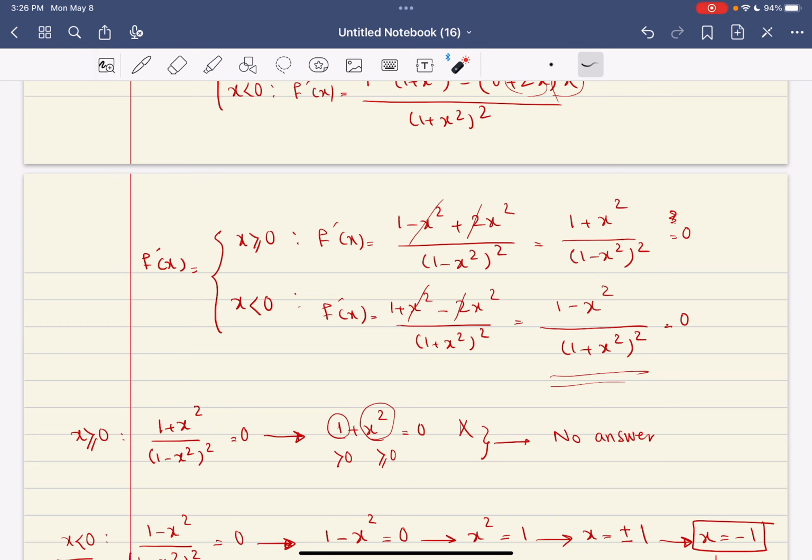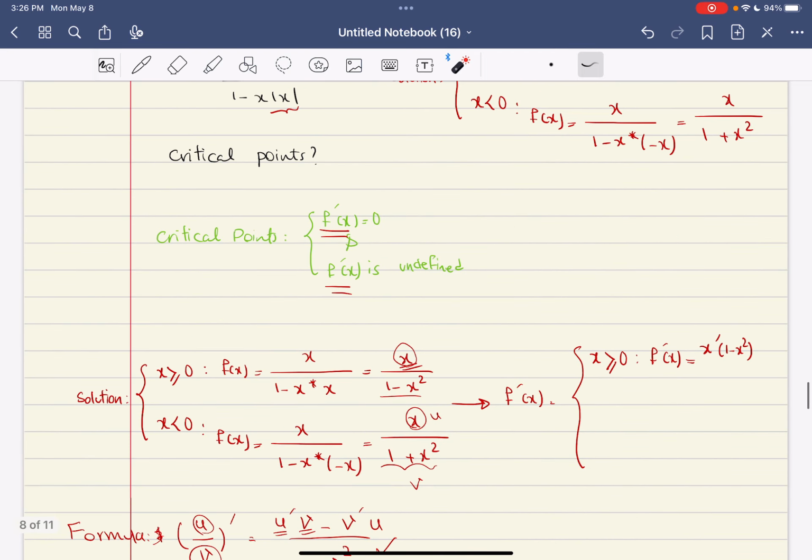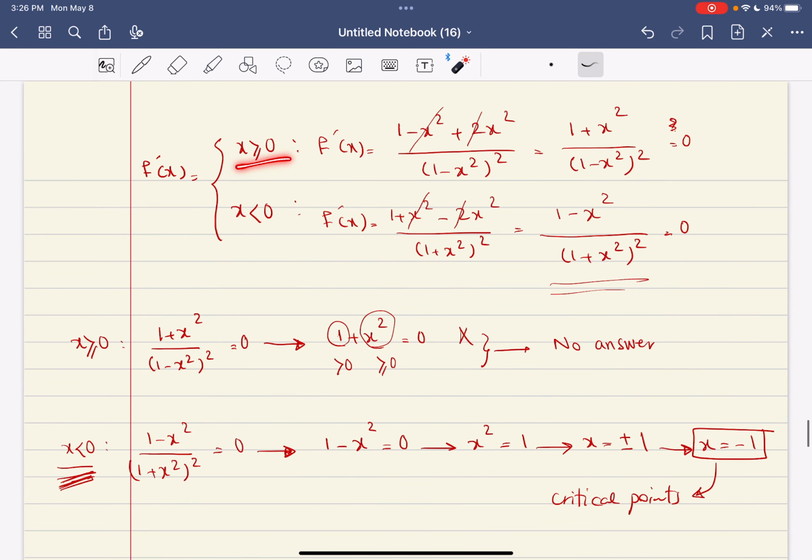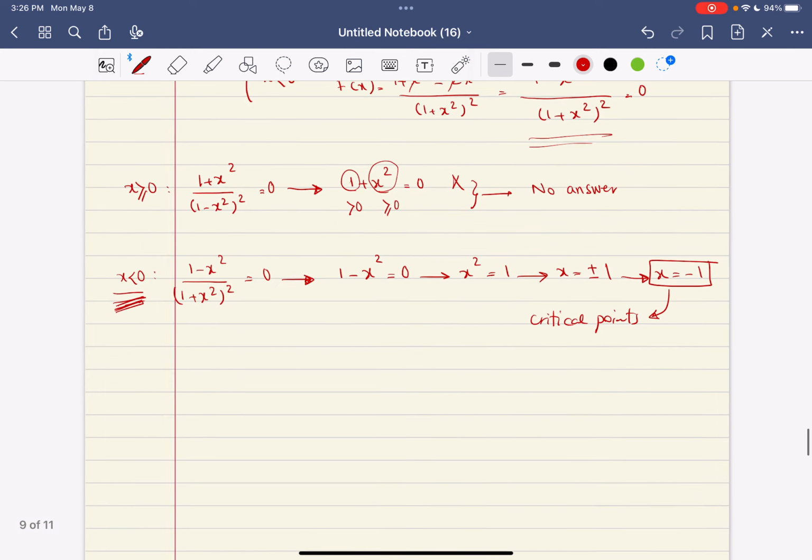So the only point where we might have a critical point based on the second definition would be at x equal to 0. This is the only point where these two parts might not be the same. So let's check and see if at x equal to 0 we have a critical point or not.